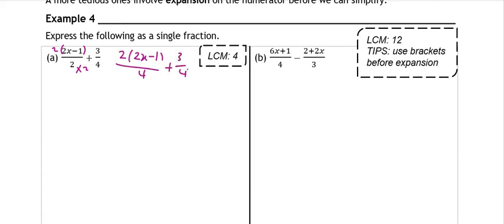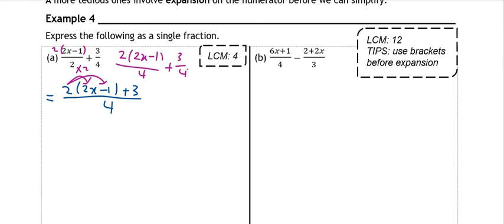So make it into single fraction because you have the same denominator already. So 2 bracket 2x minus 1, and then the second fraction is 3, and everything over 4. So here you have to use brackets before expansion. That's my biggest tip for this topic, for this particular example.